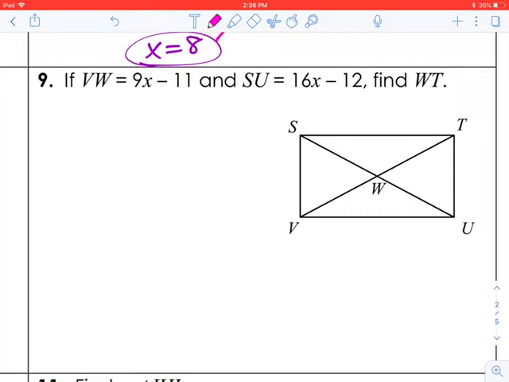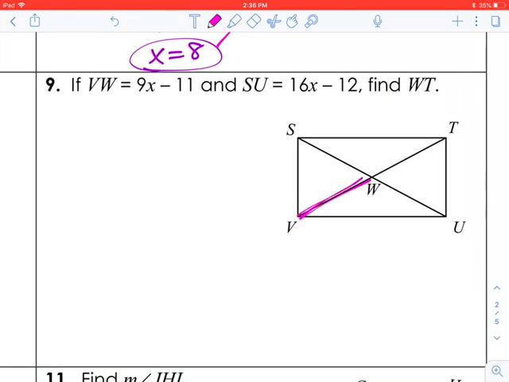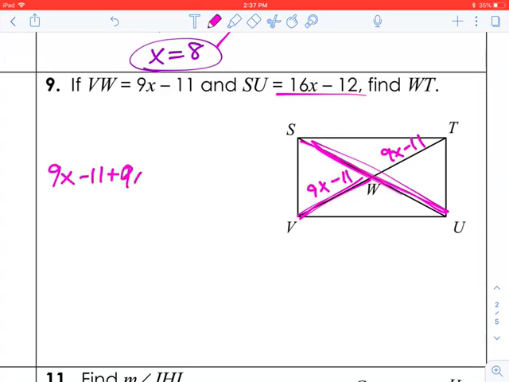So number 9, VW is right here. SU is the whole thing. Okay, so if this is 9x minus 11, the whole thing is just twice that, which is equal to 16x plus 12. So I can really just go twice 9x minus 11 equals 16x minus 12. So that's 18x minus 22 equals 16x minus 12.